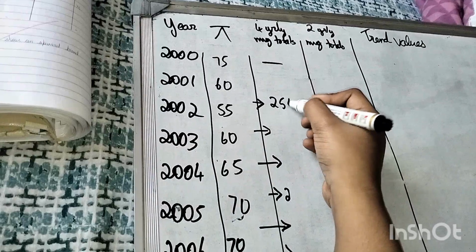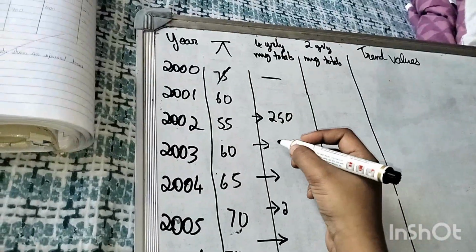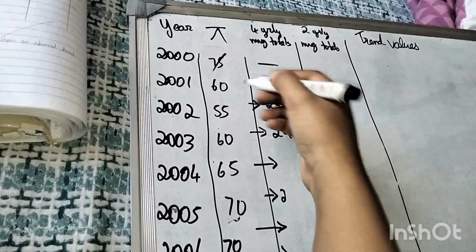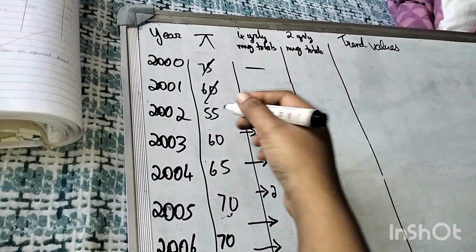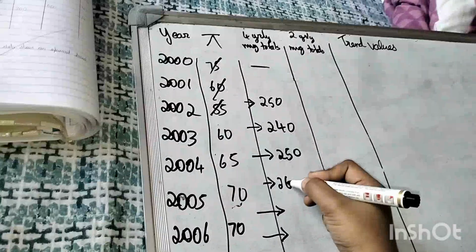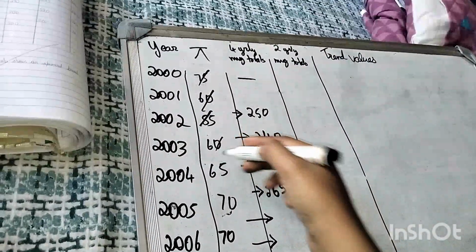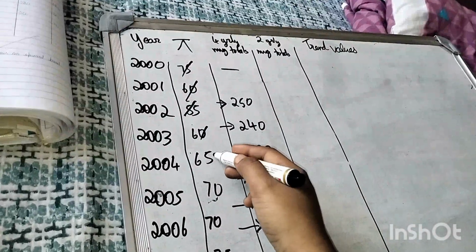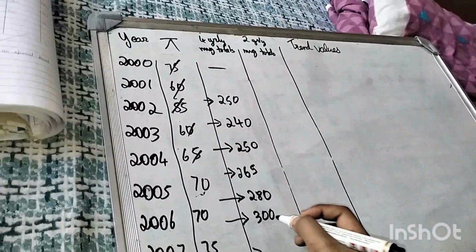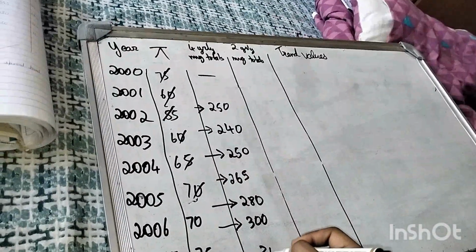That's going to be 250. Score out the first, add the next 4, that's going to be 240. Score out the second, the next 4, 250 again. Score out the next, 265, and then 280. Score out the next, 300, and then again it's going to be 300.